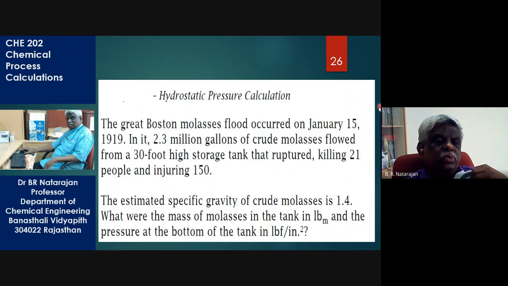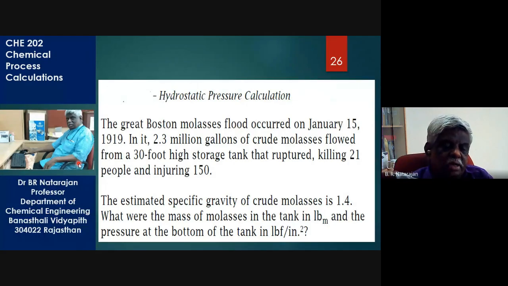Many years ago, you would have studied in history something called the Boston Tea Party, where the ship carrying tea from England to America was looted by the Native Americans. You must read it in history.